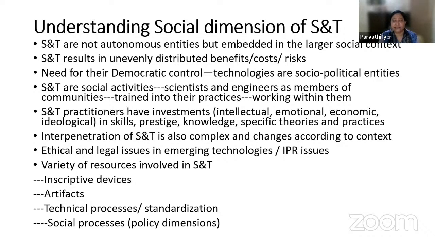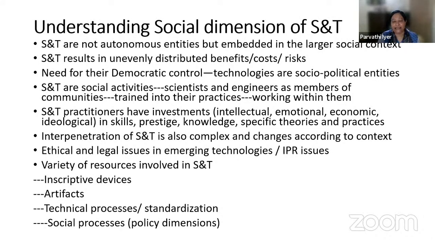Another example that comes to mind is the Etzkowitz triple helix model. To put it in a very simple way, there are three important interest groups: you have the state, you have industry, and you have academia.